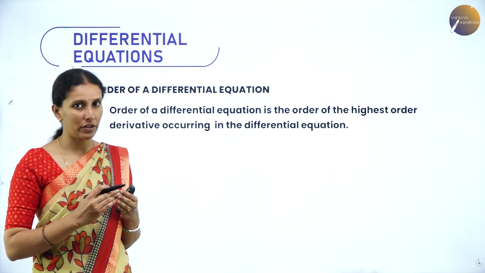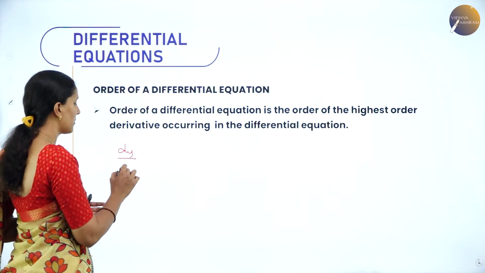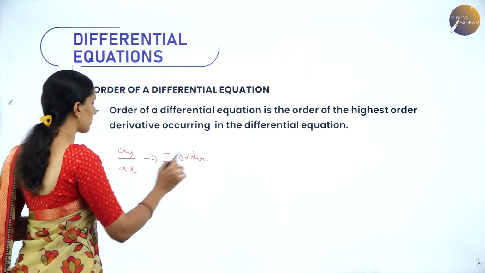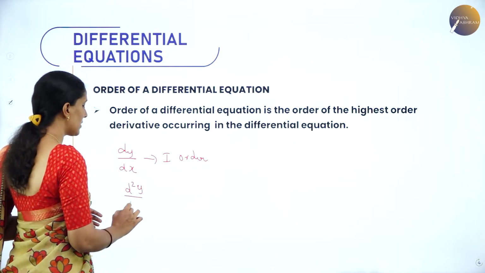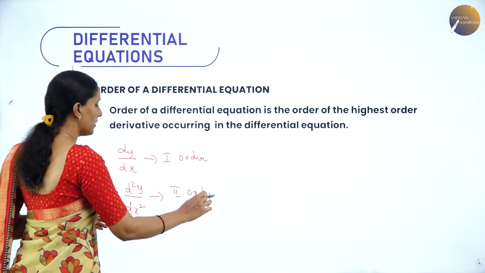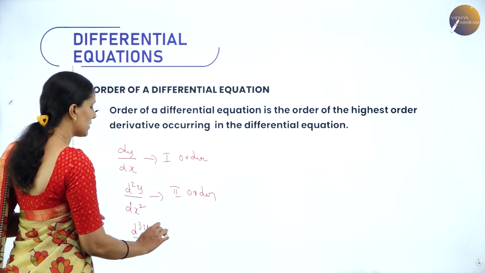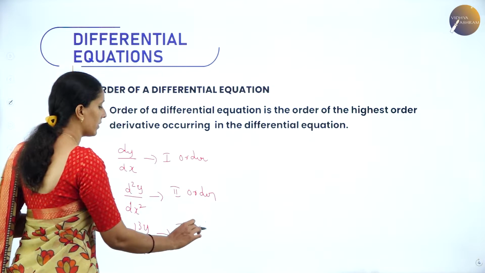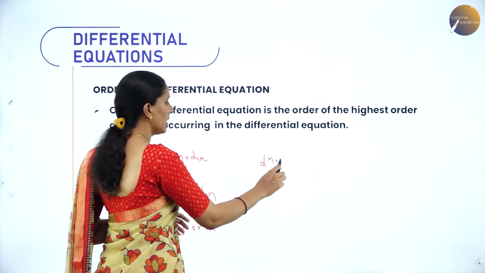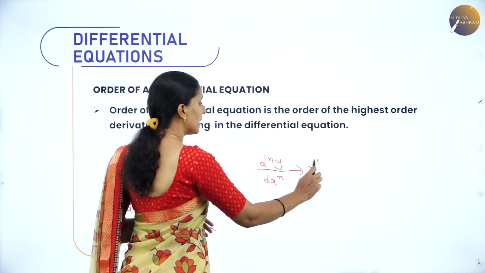We have studied this in differential calculus, and we represent it as dy by dx. This is called the first order derivative. When you differentiate again, it is d square y by dx square, the second order derivative. And when you differentiate again, it is d cube y by dx cube, the third order derivative. Similarly, you can differentiate n number of times, and it is represented as d to the power n y by dx to the power n. So this is the nth derivative.